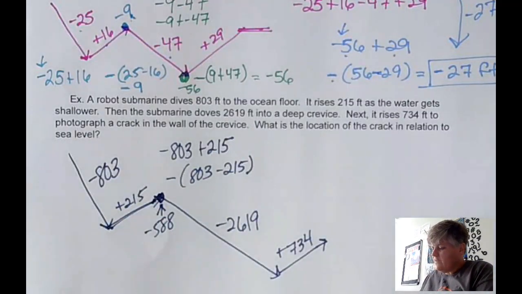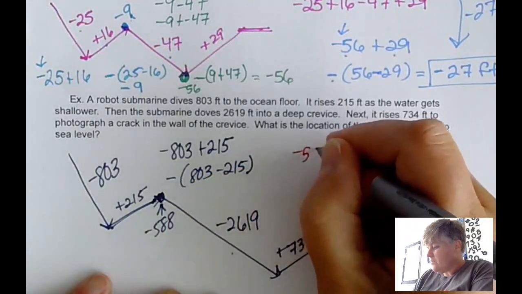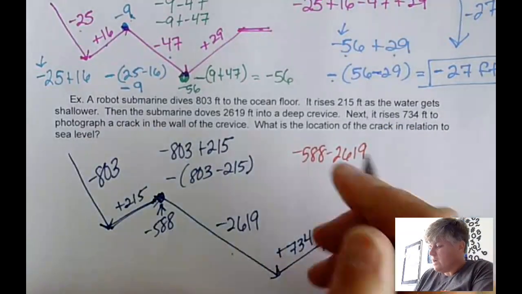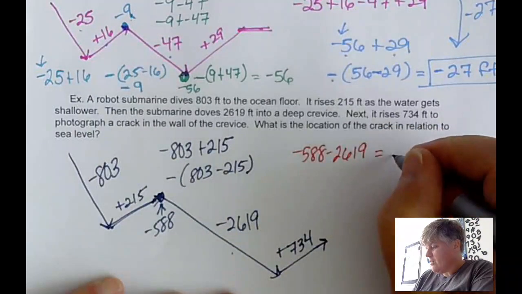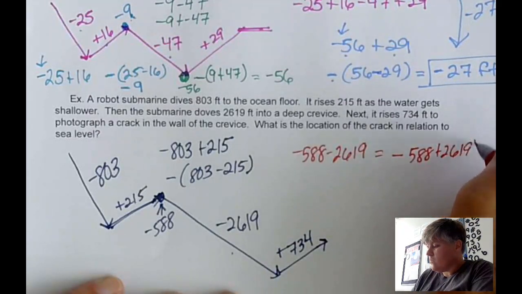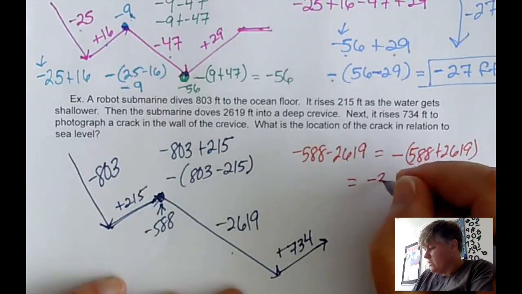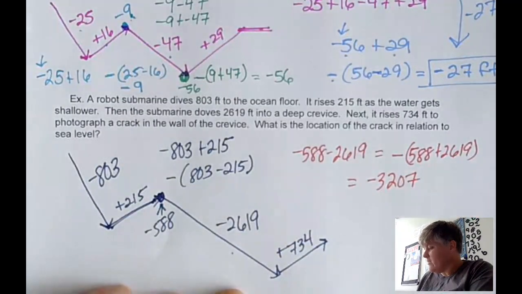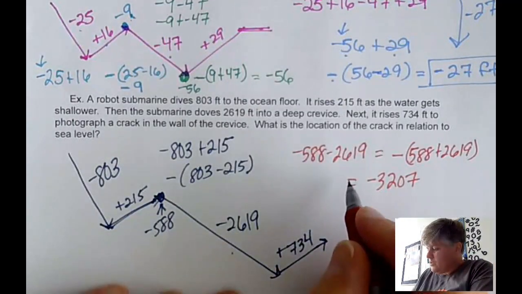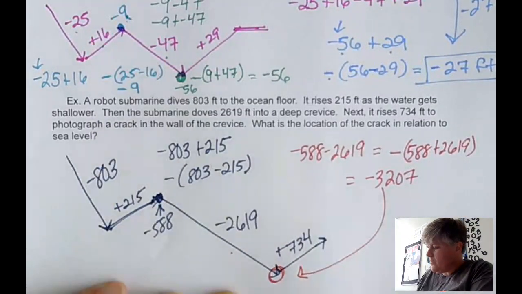And we're going to take that negative 588 and go down another 2,619 feet. Signs are the same, so just add them together. And we're going to get a negative 3,207.